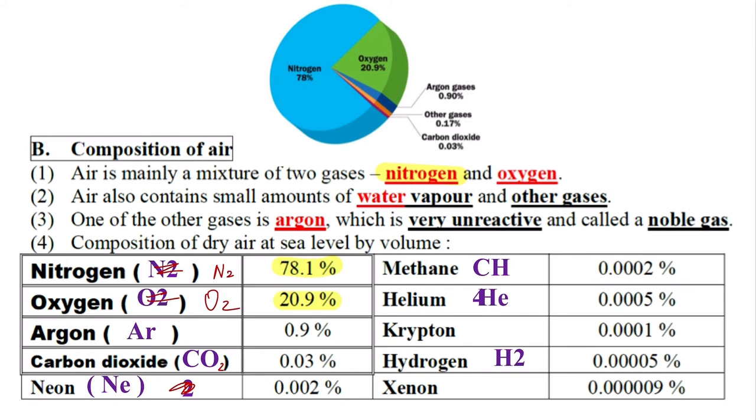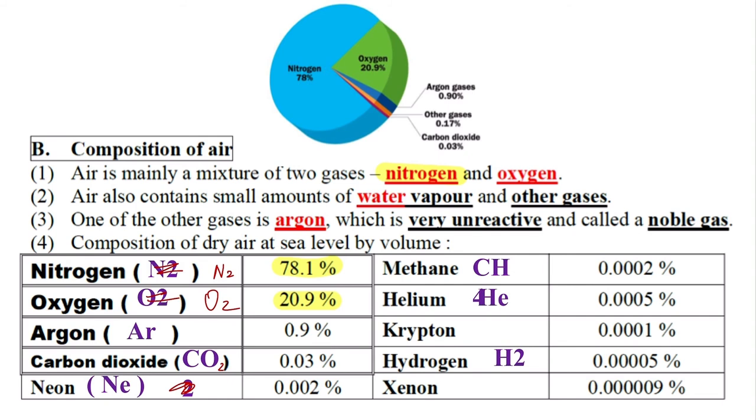So what you need to memorize here: you should know the most abundant gas in air is nitrogen, and you remember it's 7-something. You need not remember the exact percentage, alright? And for oxygen, you remember it's about 20%, the second most abundant gas in the air.